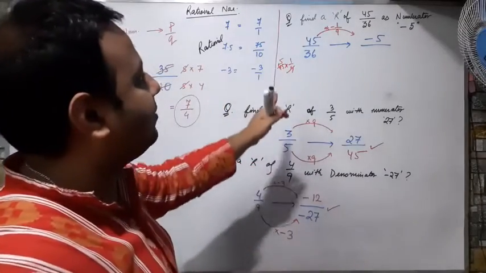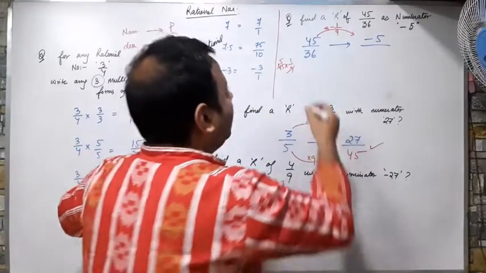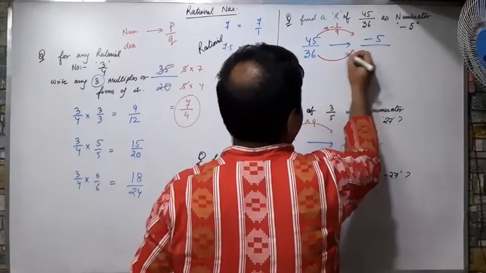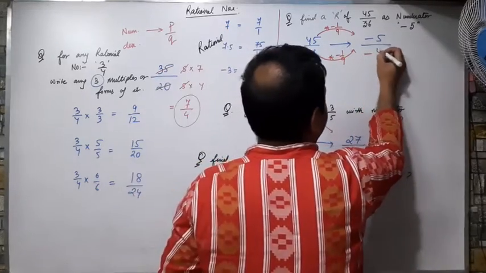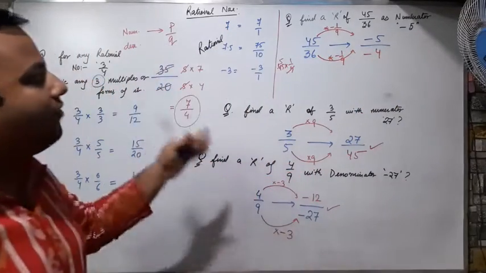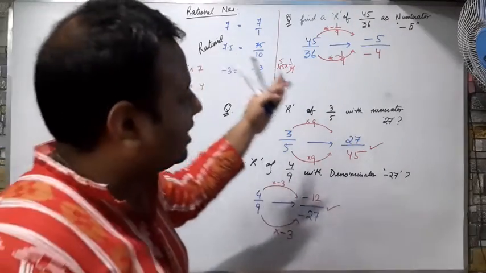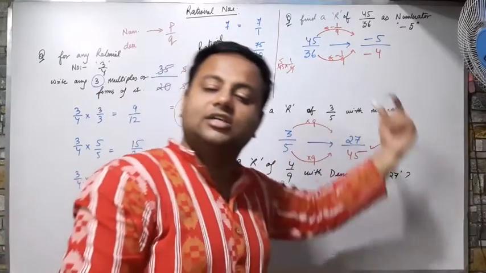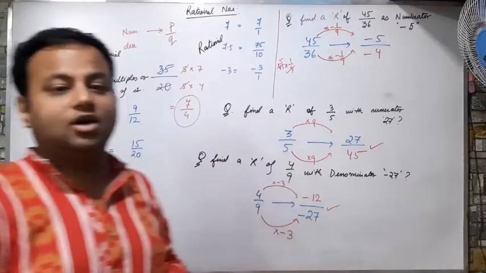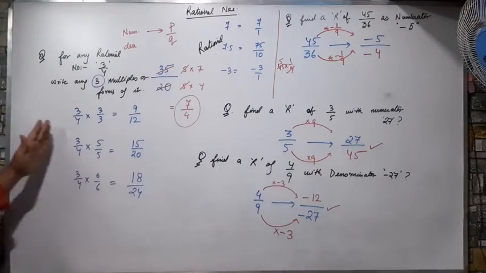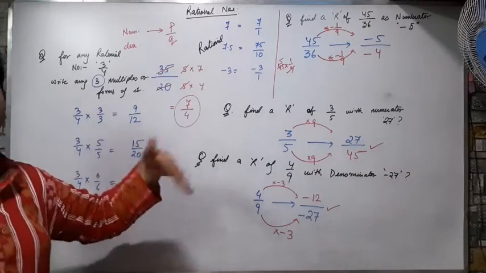So if I multiply 1 by 9 at the numerator, I have to multiply 1 by 9 at the denominator also. So what will I get? I will get here minus. So you have to multiply or you have to divide also maybe to convert a rational number into another rational number with a given numerator or a given denominator. Also, you may have to calculate a new rational number with a given form having certain multiples to it.